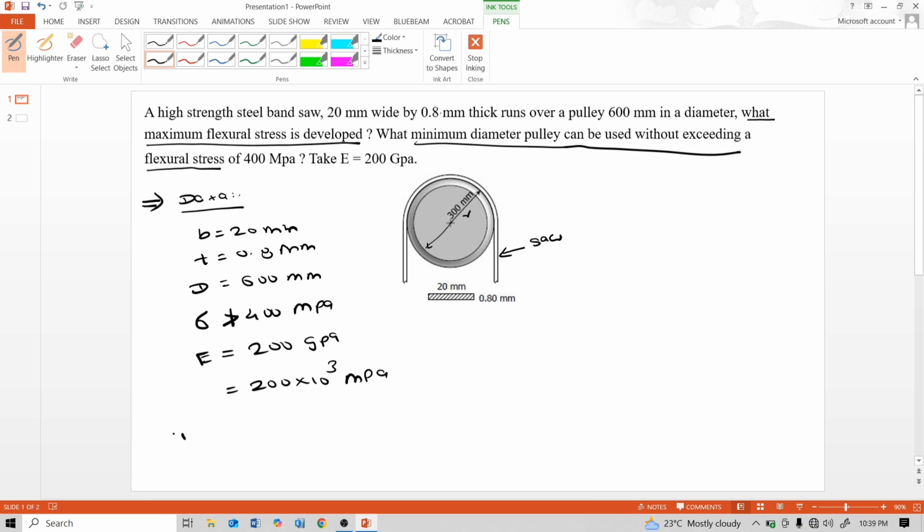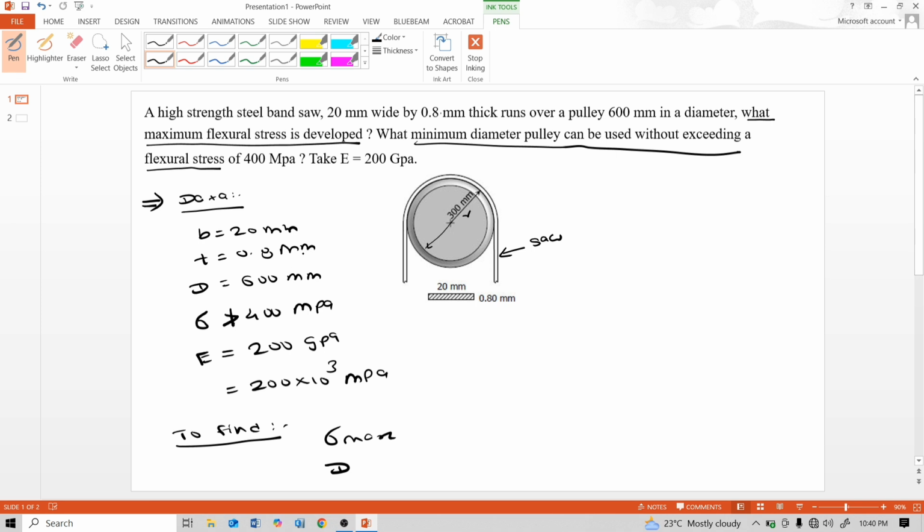We have to find sigma max, the maximum flexural stress, and the diameter of the pulley, capital D, without exceeding a flexural stress of 400 MPa. The given pulley diameter is 600 mm.